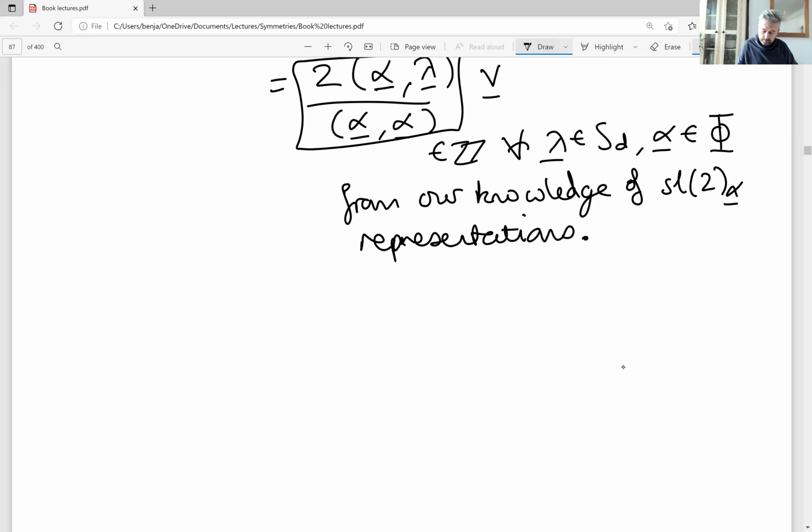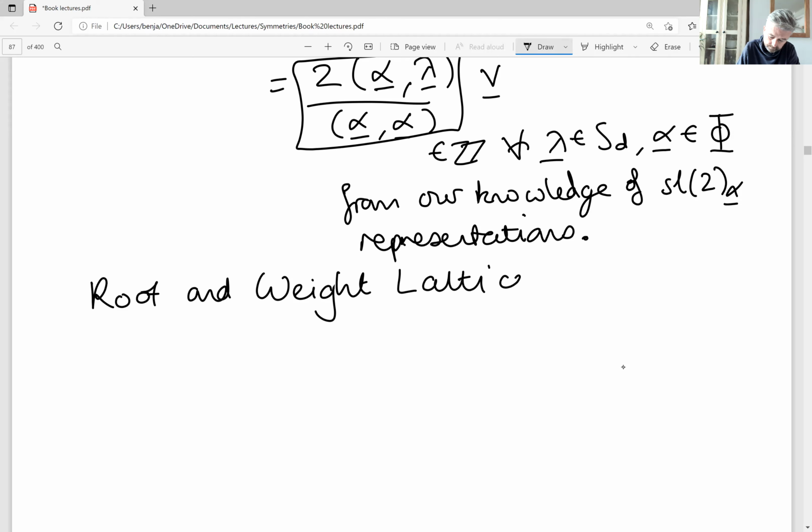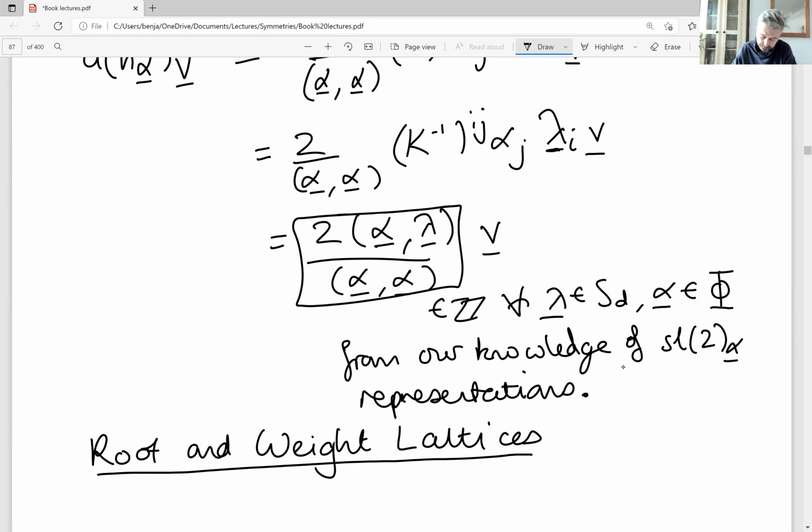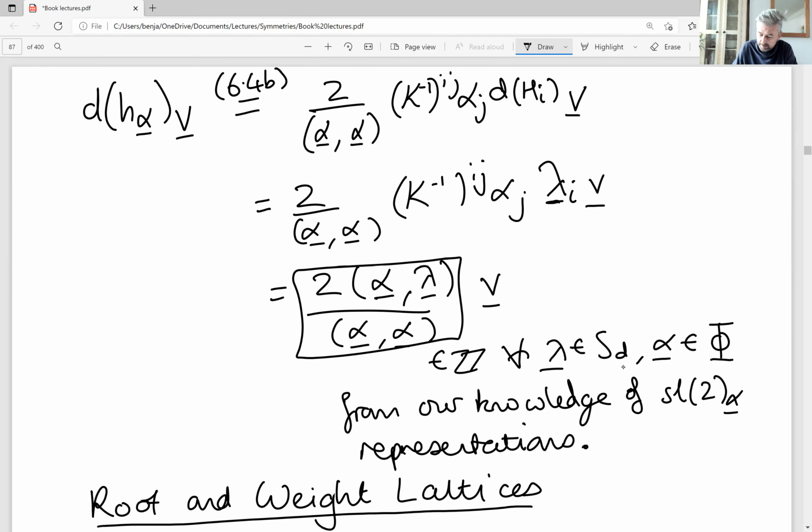Okay, so we're going to now give some helpful definitions, and these are about the root and weight lattices. So if you remember last time, we have some set S_D of weights of some particular representation, little d.